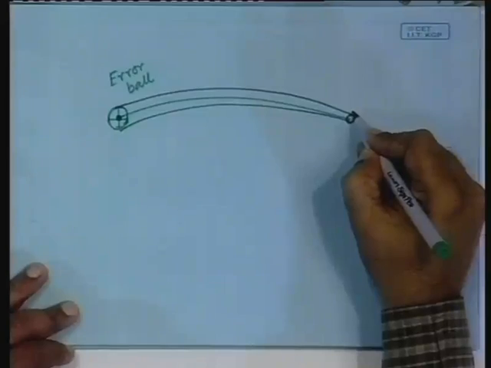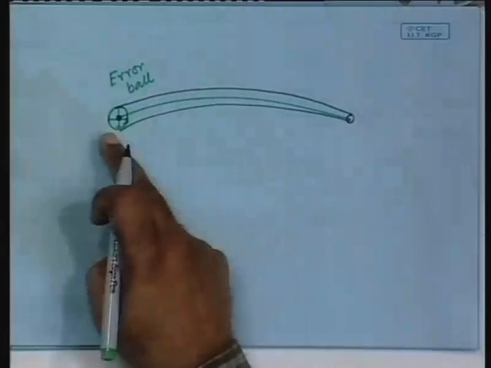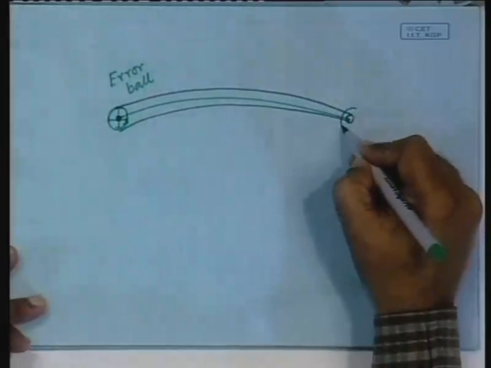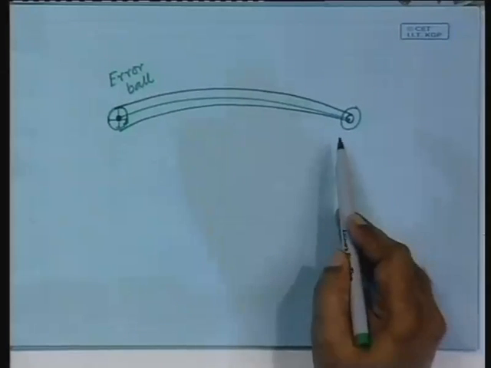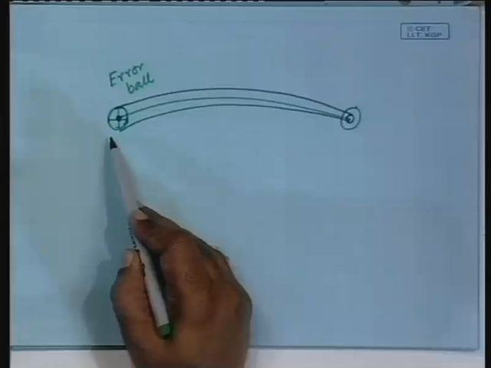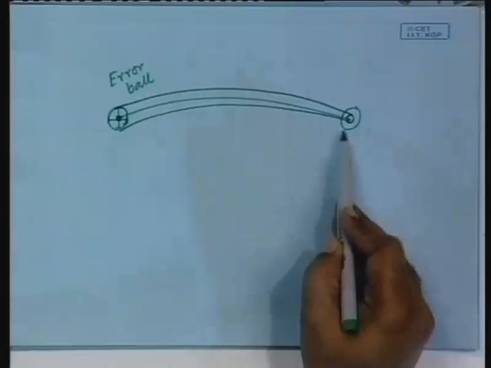Now you might again make a measurement here, and then the measurement here would have the same kind of accuracy as here. So you will get an error ball again like this. So you notice that having measured the initial condition earlier and having predicted is more accurate than the measurement now.